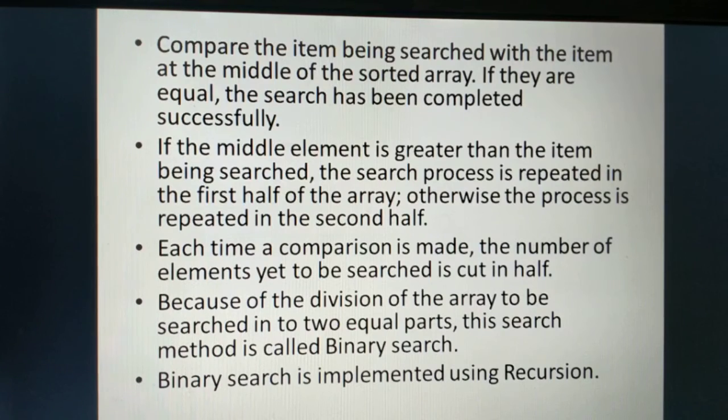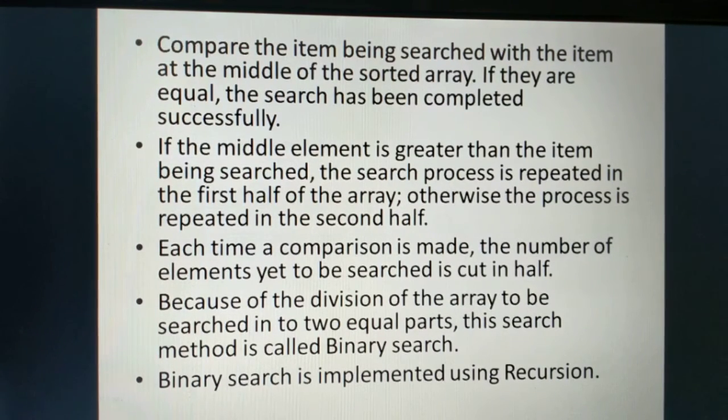What we do is, first there is a list. We find the mid element. If the mid element is greater than the item that is going to be searched, then the search process is repeated in the first half of the array. Otherwise, the process is repeated in the second half of the array. Each time a comparison is made, the number of elements yet to be searched is cut in half.